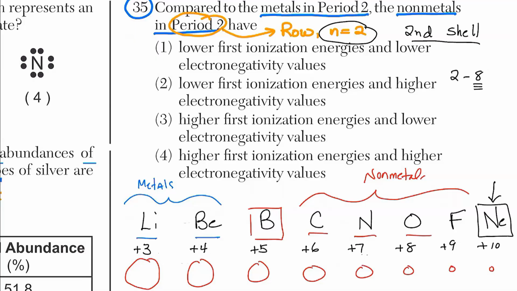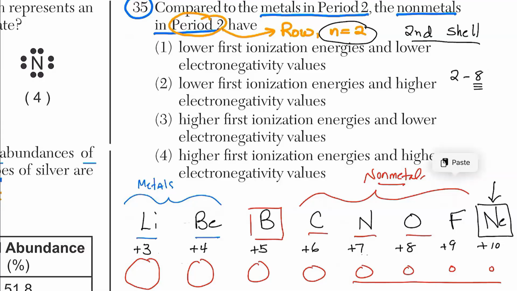That's what makes the radius smaller. So without Table S, what happens when you go across period 2? That's what they're really asking, row 2. So compared to the metals, the nonmetals are going to have a smaller atomic radii. We know that. And because they are small, it's because they have a higher attraction.